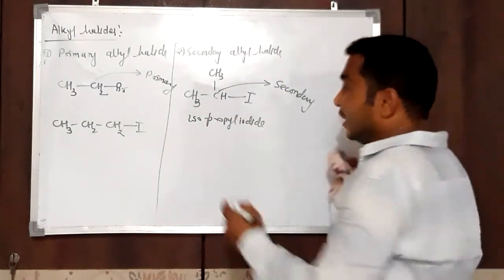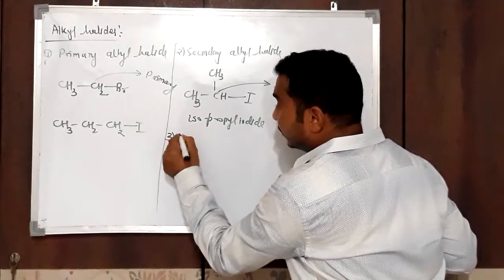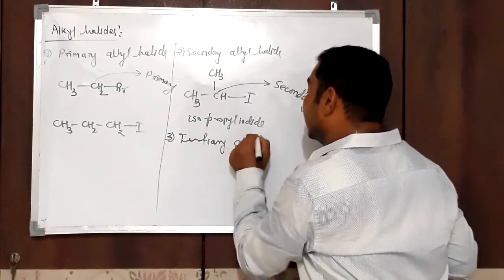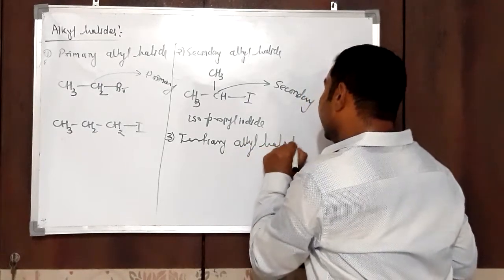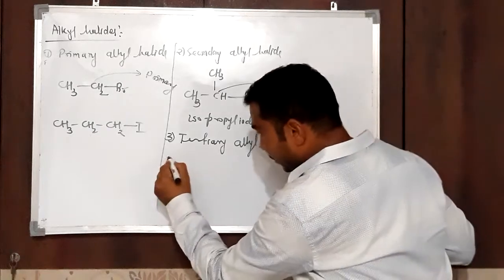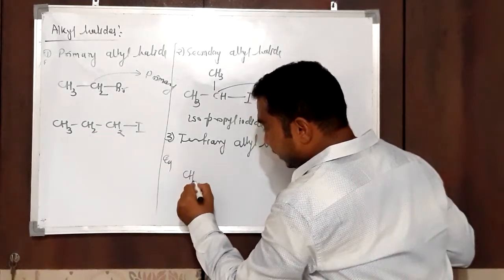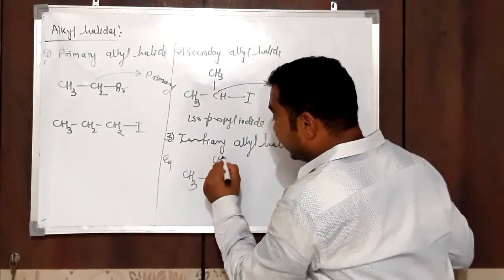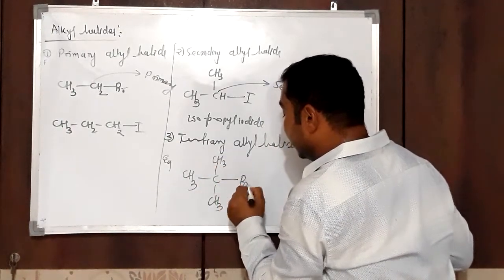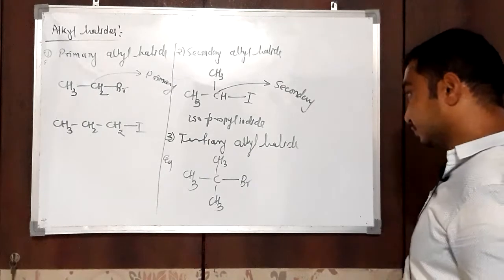Remember, very simple. And third, tertiary alkyl halide. What is tertiary alkyl halide? Very simple example, tertiary butyl bromide.